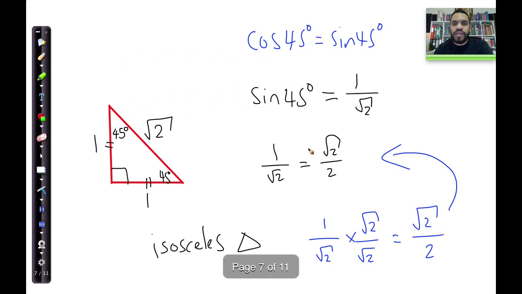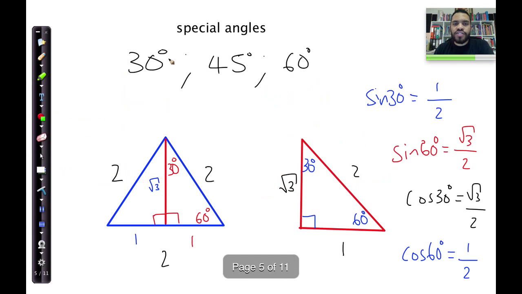Right, and there we go. Introduction to special angles 30, 45, and 60. Ignoring this triangle over here and using this triangle. But if you're having difficulty to come up with this triangle, use the equilateral triangle to come up with this one. Okay, and then you can determine your special angles.